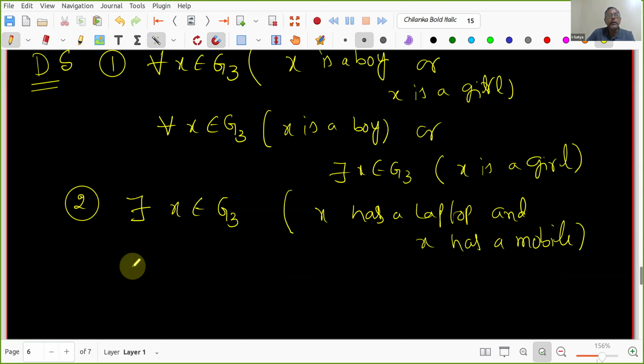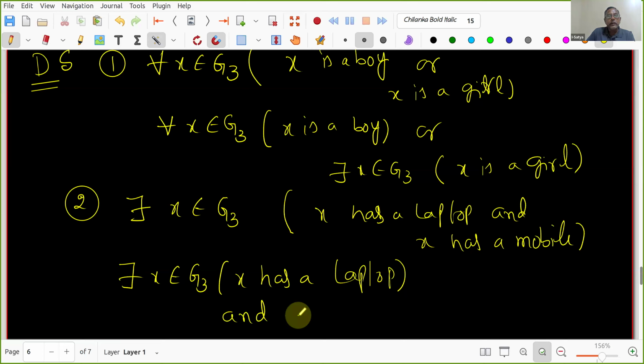So I will have to stop now. So this statement, look at this. X belongs to G3, X has a laptop. And I can find a student from G3, X has a mobile. Are both the same or different?